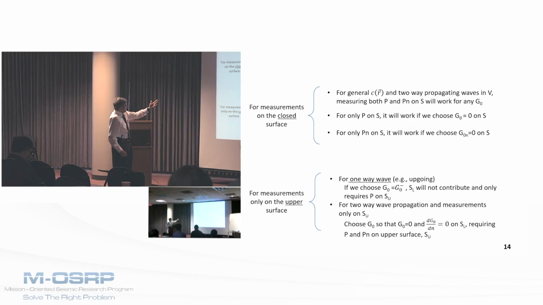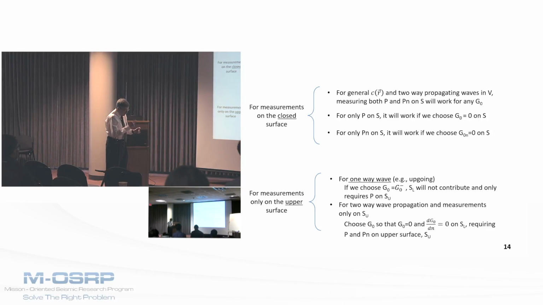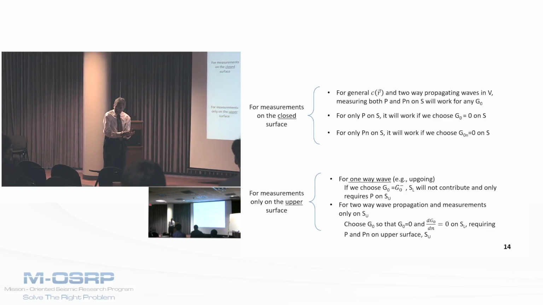So if you give me measurements of P and the normal derivative, it will work for any G0. The question is, what's the least amount that will work, yes? The least amount that will work is you give me the field all around, or you give me the normal derivative all around. One is called Dirichlet and one is Neumann, yes?